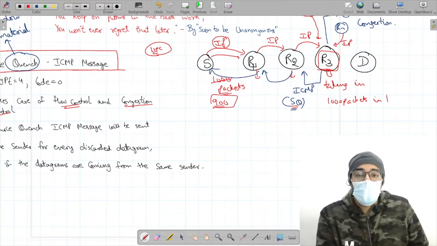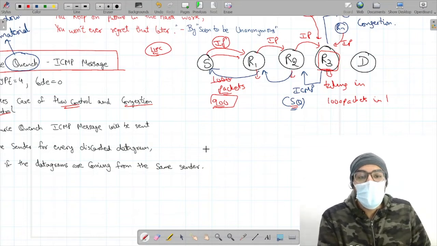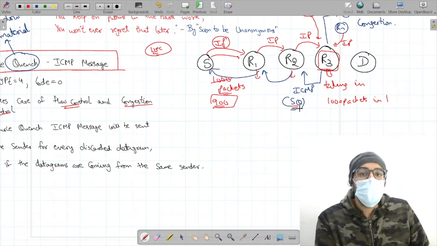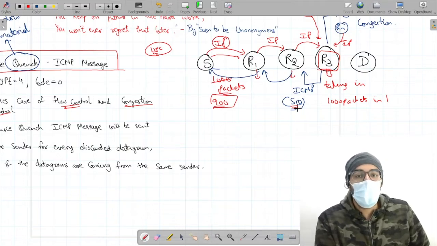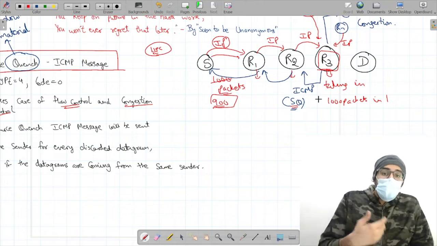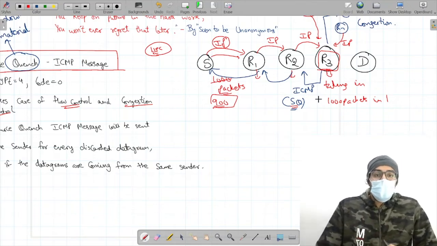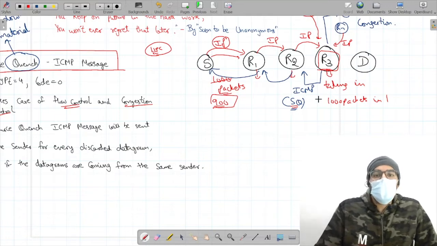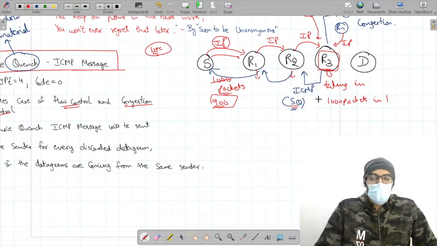So this has become a rhyme now. It could have done its job by sending just one ICMP source quench message, and it would have also helped the network in tackling the congestion.